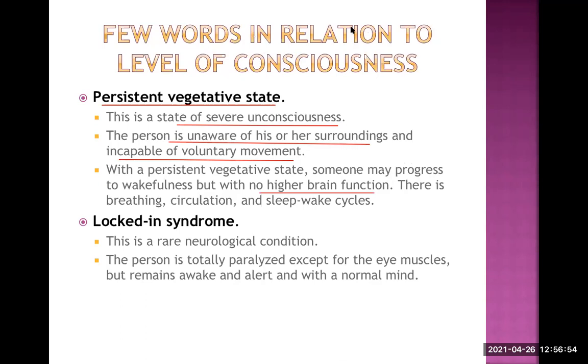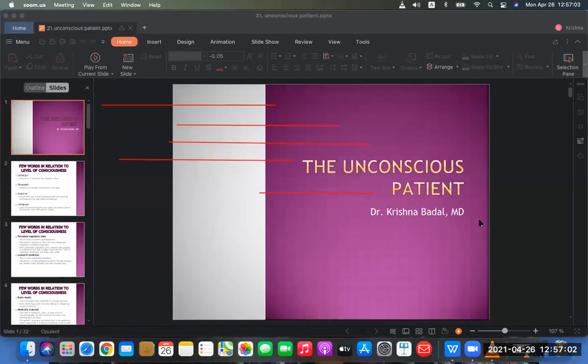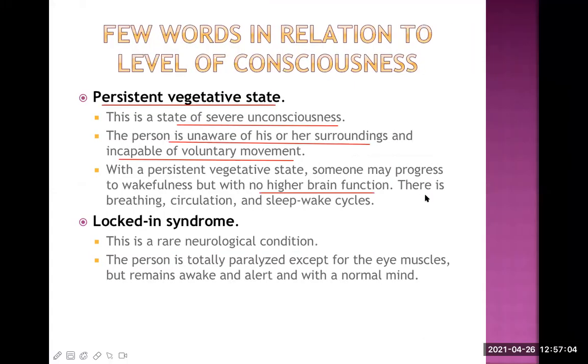Now, with this type of patient, we really do not know what to do, isn't it? So we talk with the family members. This type of patient will be kept on a mechanical ventilator, and they can survive for a longer time on the ventilator, because their heart is working. They are getting oxygen through the mechanical ventilator machine, but their higher mental function, their cerebral hemisphere, is gone.